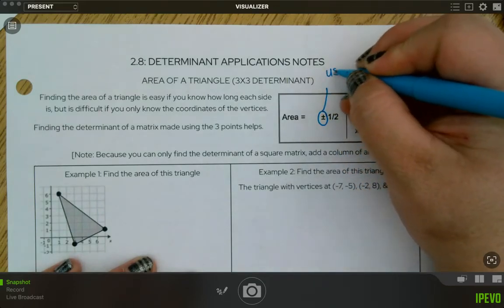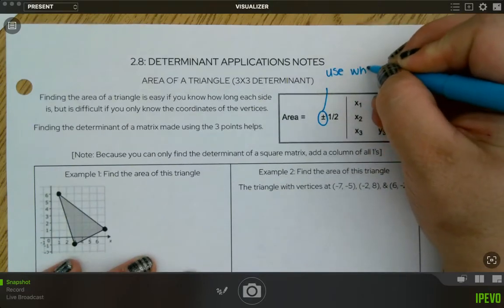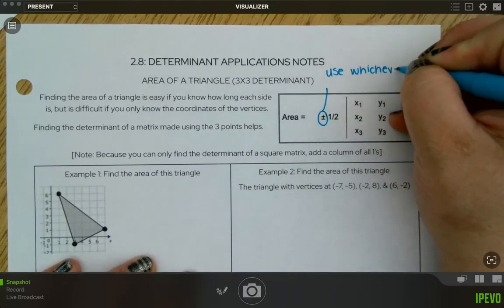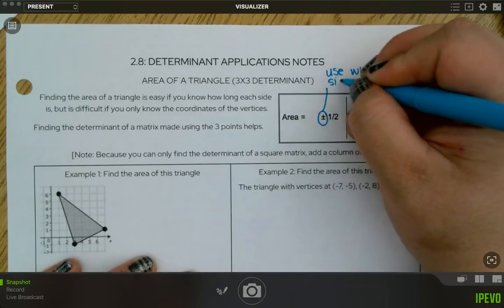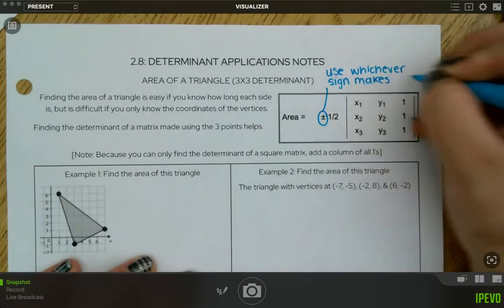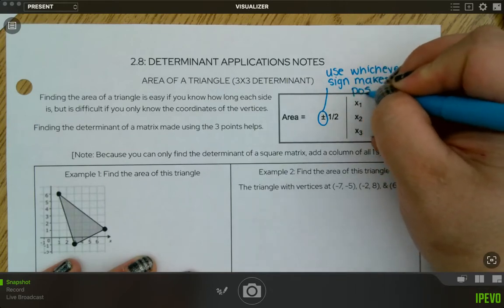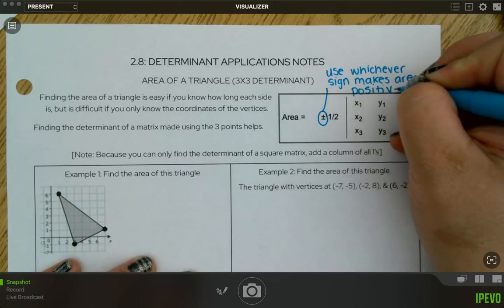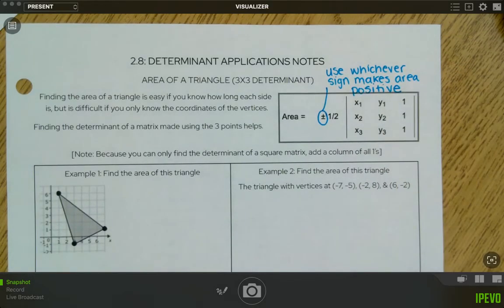Basically, just use whichever sign makes the area positive, because you can't have a negative area. So if your determinant ends up being positive, multiply by positive 1/2 to keep it positive. If your determinant ends up being negative, multiply it by negative 1/2 to make it positive.